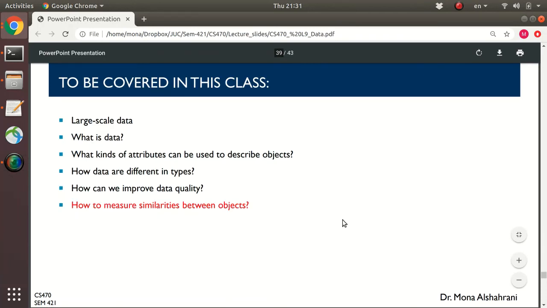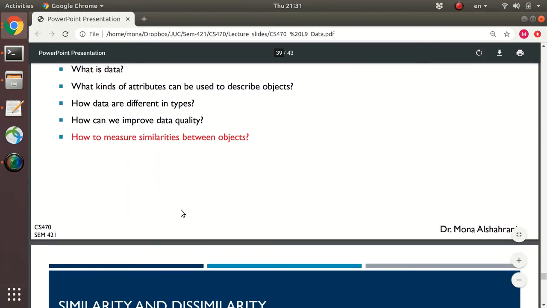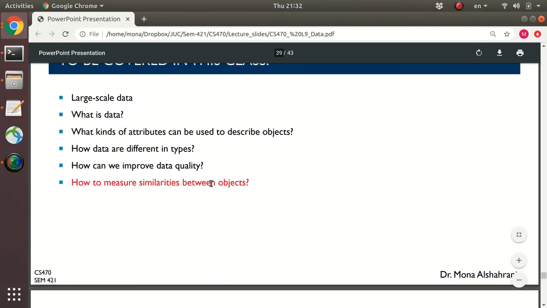The last point to discuss in this lecture is measuring similarities between data objects, and this is also important along with normalization. It's important as a pre-processing step.